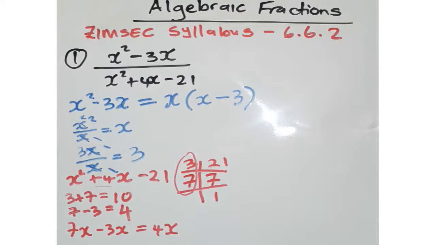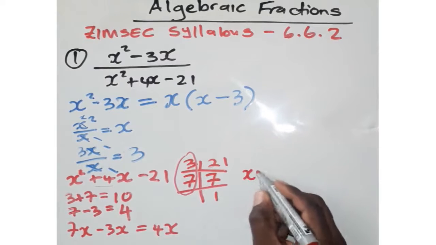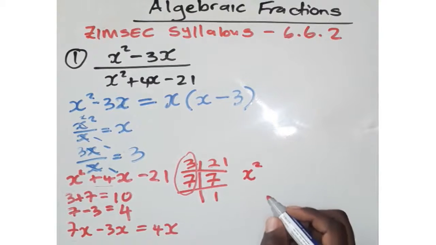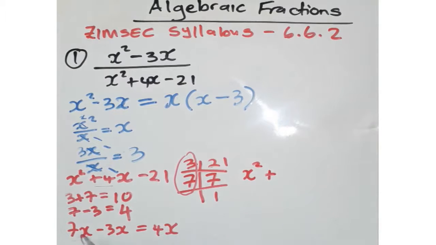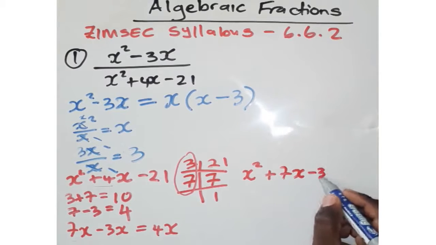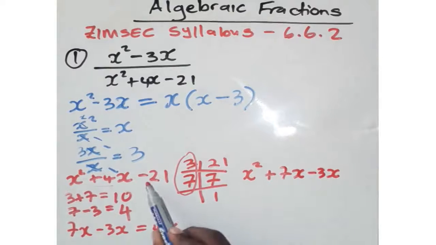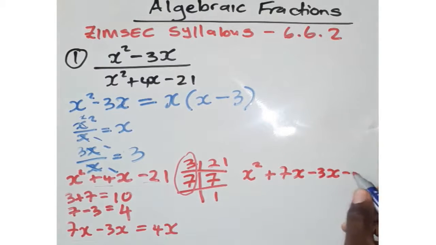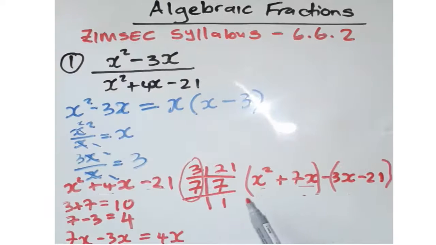So how will we do it? We're going to say x squared, plus, we're no longer saying 4x, we're now saying 7x minus 3x, and then minus 21. I'll look for what's common in this and this.